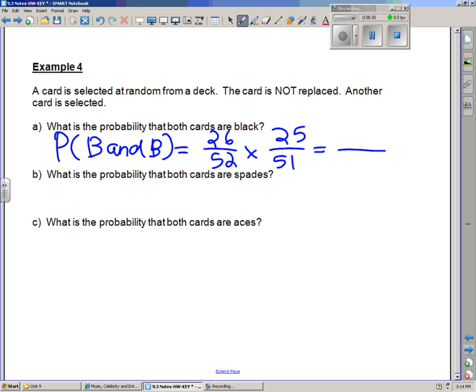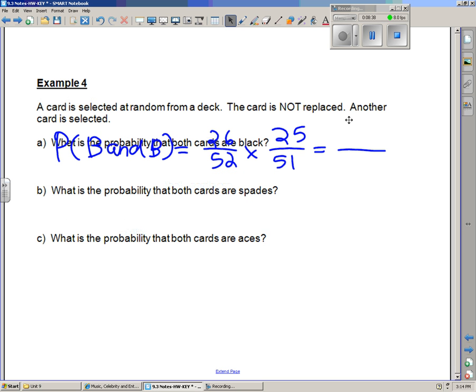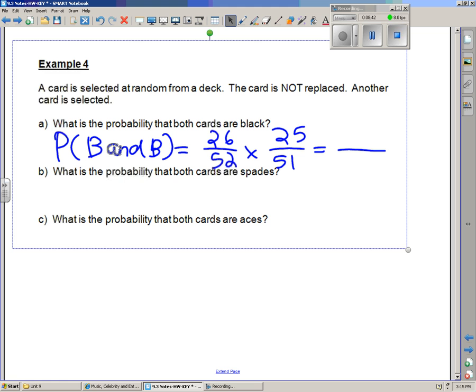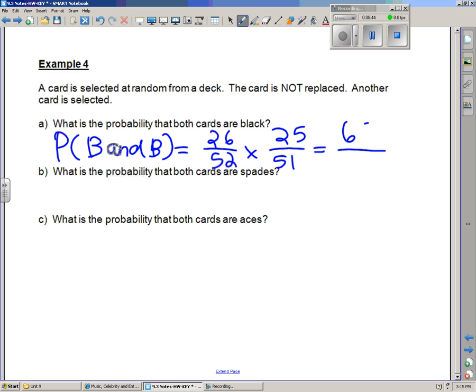When you multiply that out, hold on, I forget what you get. Give me 1 second. So 26 times 25 is 650, and 52 times 51 is 2652.